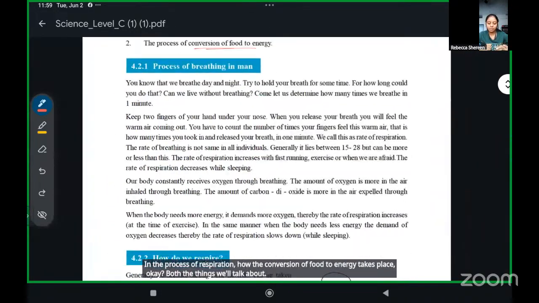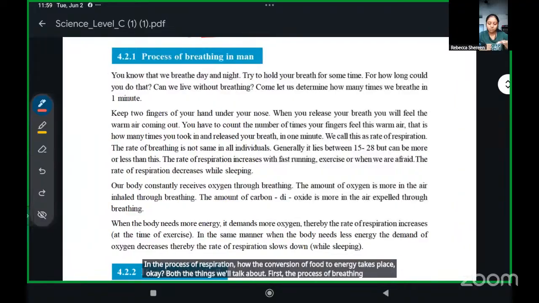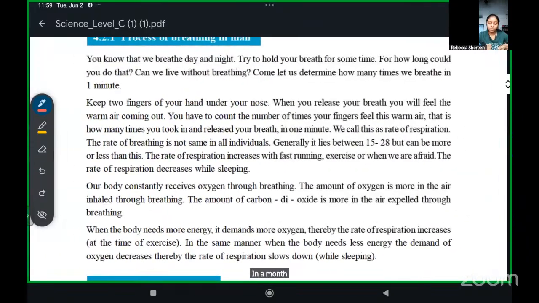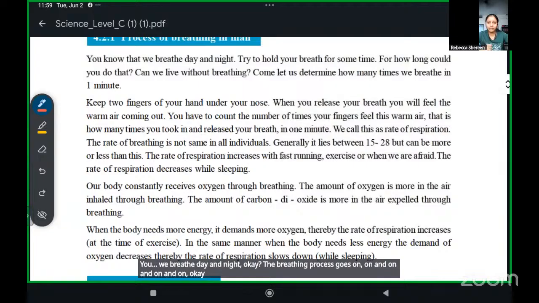First, the process of breathing in a human. Now you know that we breathe day and night. The breathing process goes on and on. Doesn't it happen that we breathe for some time, then we don't breathe, we take a rest, and then we again breathe?